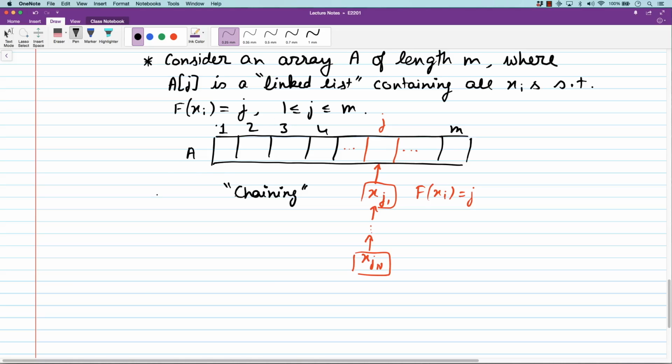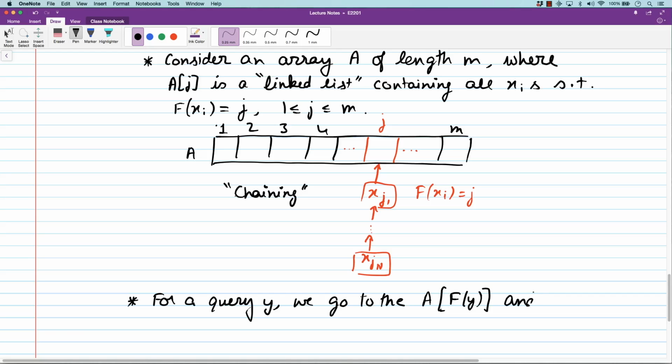So when a query y comes, we go to the bucket A of f of y and look for y in all the elements stored there.